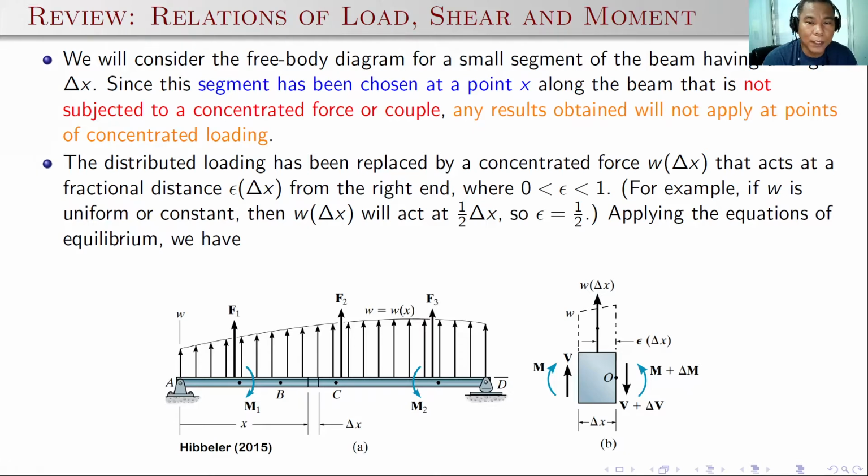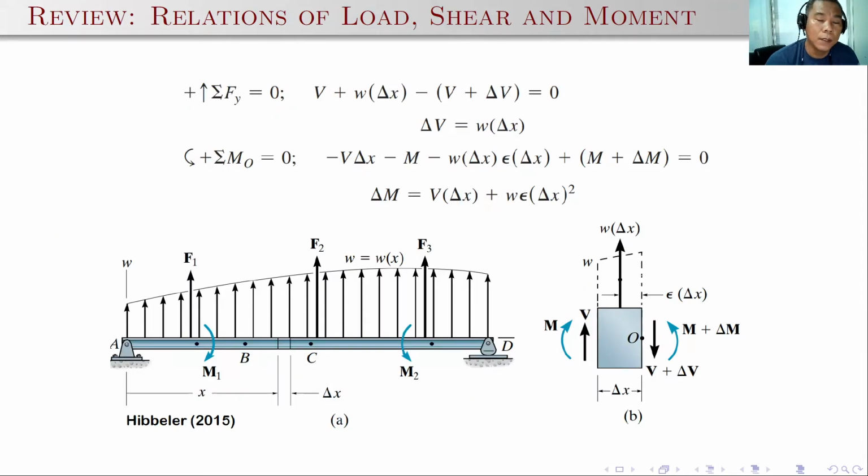The distributed loading has been replaced by a concentrated force, which is equal to w times delta x, that acts at the fractional distance epsilon. Of course, epsilon should be taken from 0 to 1. In this case, the value of epsilon is 1/2 because the concentrated force w delta x is applied at the middle.